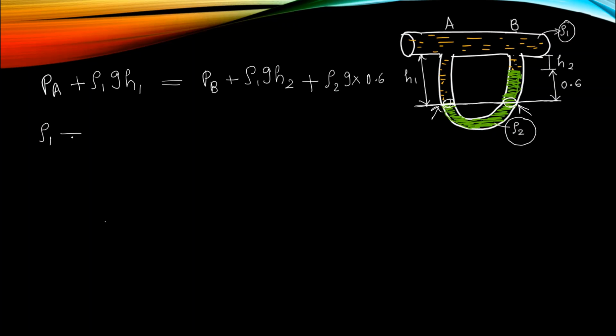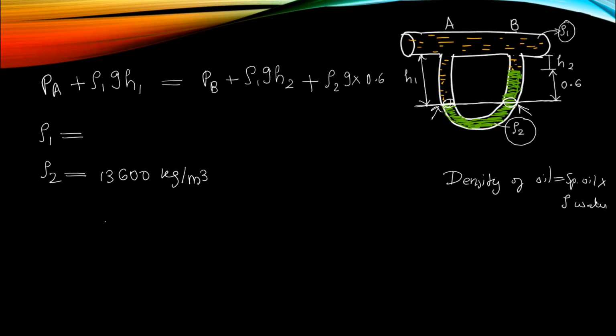Now we should know ρ1 and ρ2. ρ2 is nothing but the density of mercury. Density of mercury is 13,600 kilogram per meter cube. And density of oil is ρ1. We don't have the density of oil, but we have the specific gravity of oil. So density of oil is equal to specific gravity of oil into density of water, because specific gravity is the ratio of density of oil and density of the standard fluid.